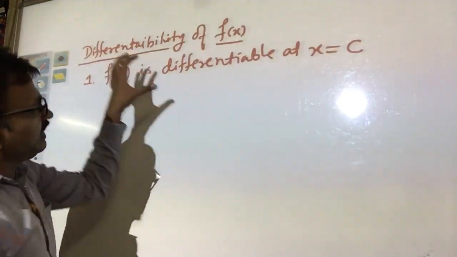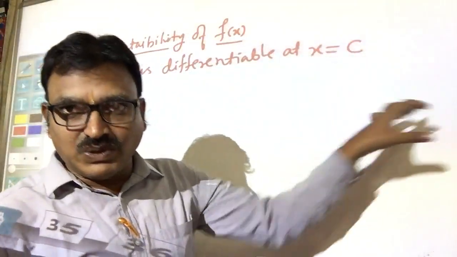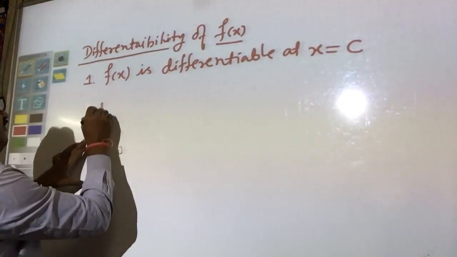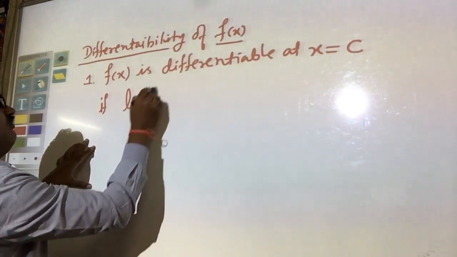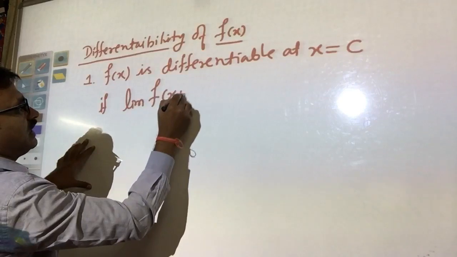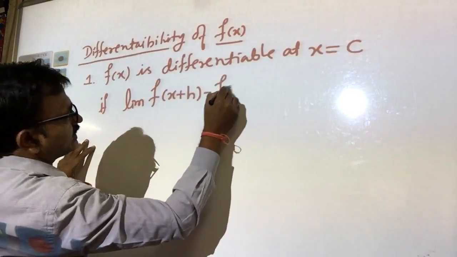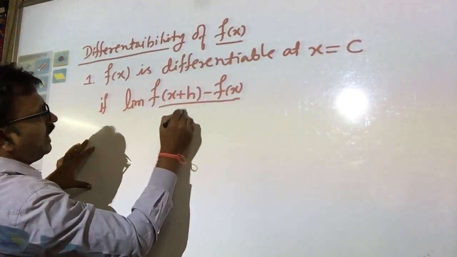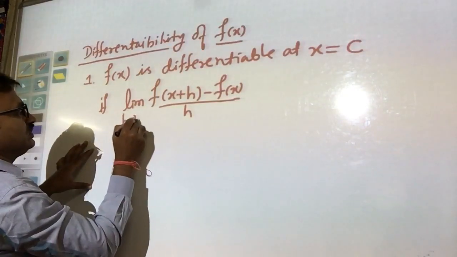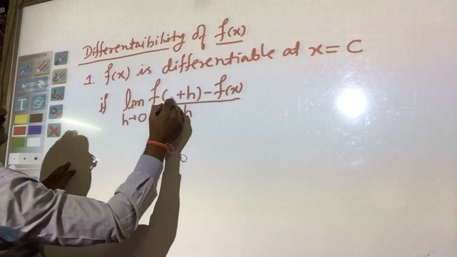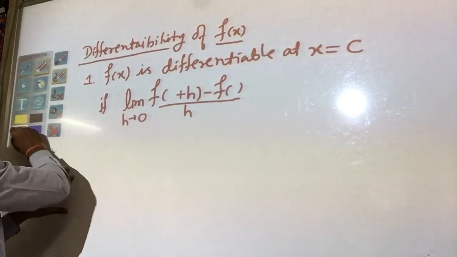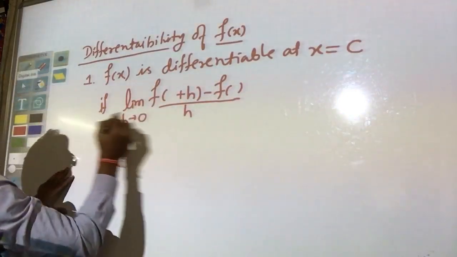The function f(x) is differentiable at x equal to c if the limit of f(x + h) minus f(x) divided by h, as h tends to 0. But sorry, in this place it is not x, it is actually c.